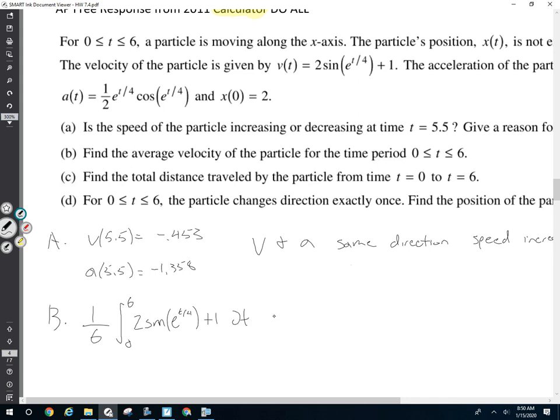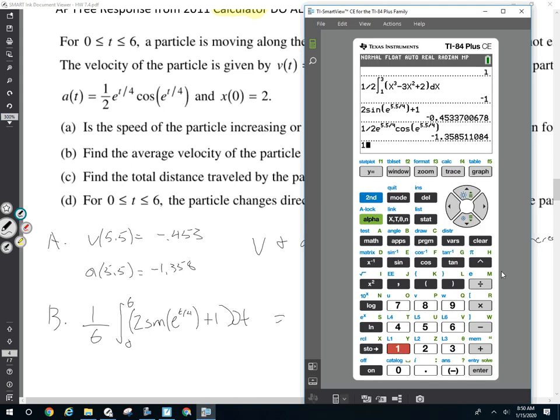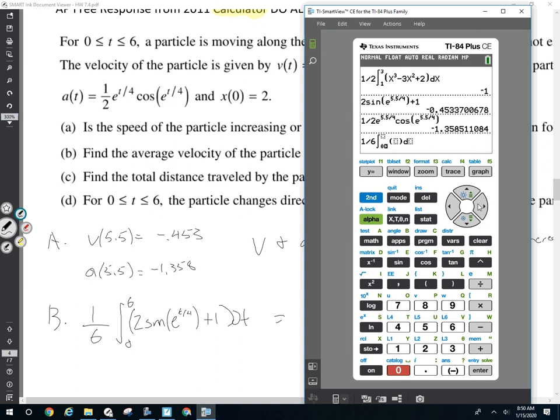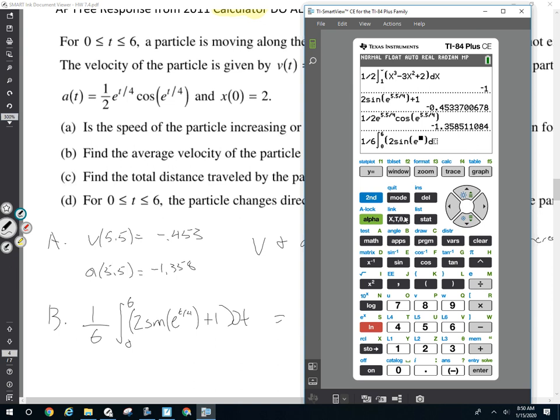Multiply by 1/6. You have your calculator. Obviously, you're going to do this with your calculator because you don't know how to take the antiderivative of that. 1/6, math 9, integral from 0 to 6 of 2 sine(e^(t/4)) plus 1.